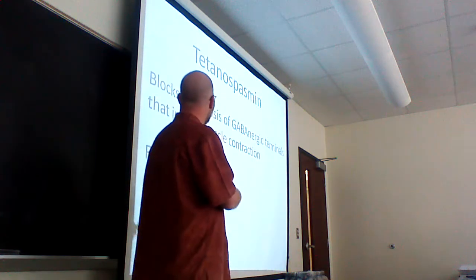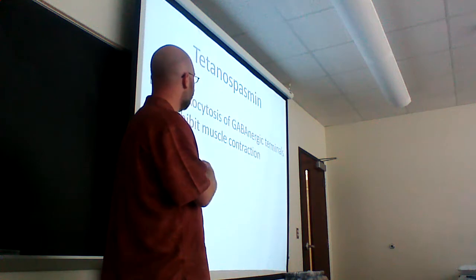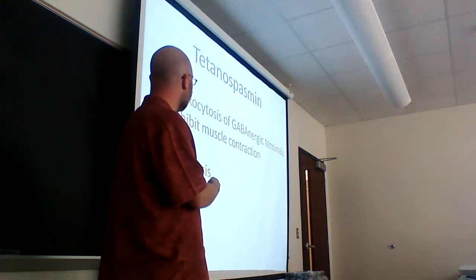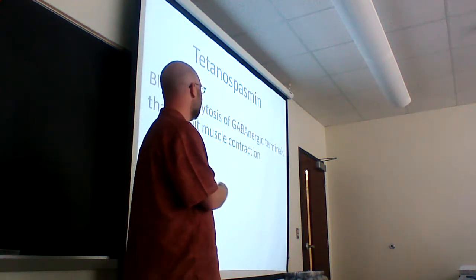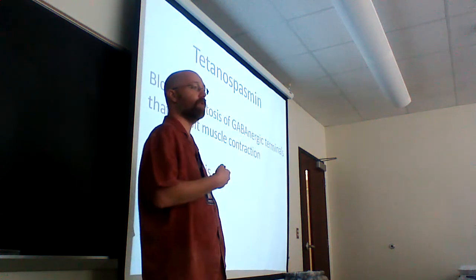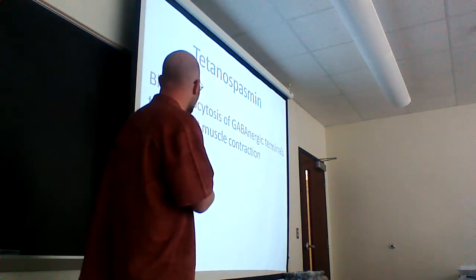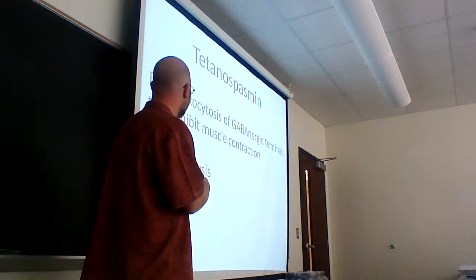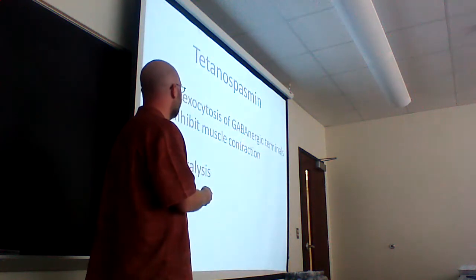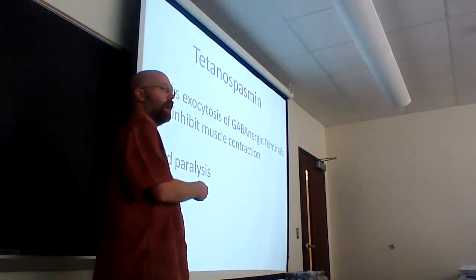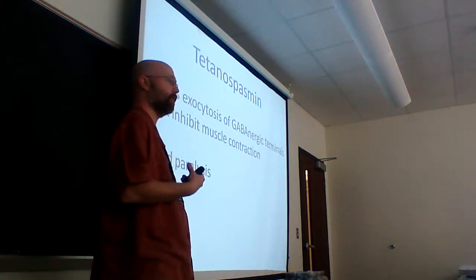right? The toxin from the bacterium that causes tetanus blocks this exocytosis of GABA at these GABAergic terminals, right? Those GABAergic terminals normally inhibit muscle contraction, right? They actually keep your muscles from contracting.